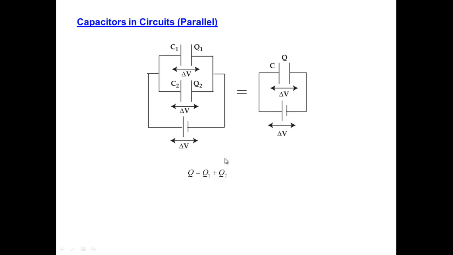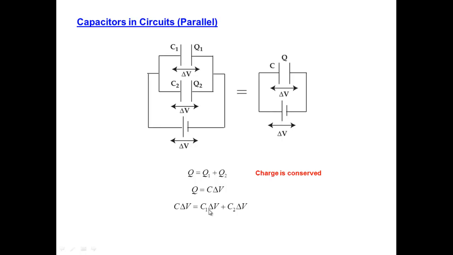So charge is conserved. And then from the definition of capacitance, we can solve for Q and get Q is equal to C delta V and replace each of these Q terms. So we have on the left-hand side C delta V, where delta V is the potential difference across the battery.